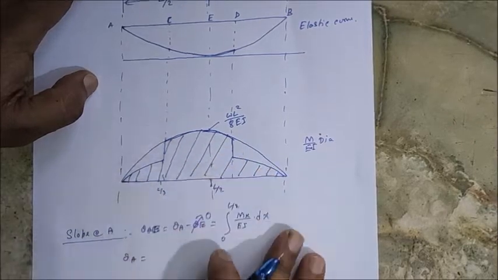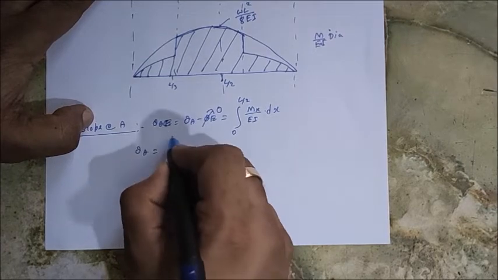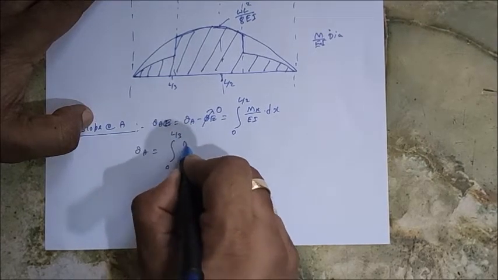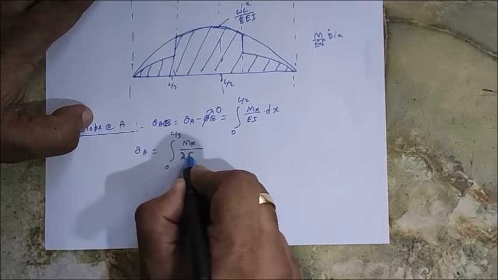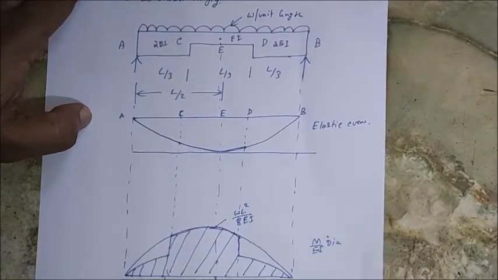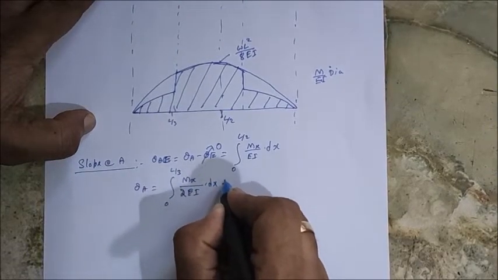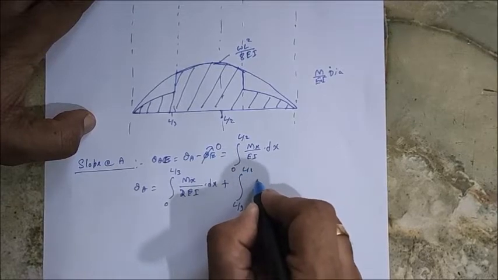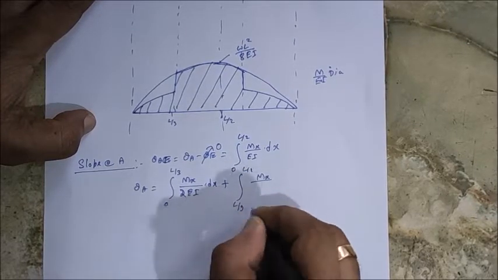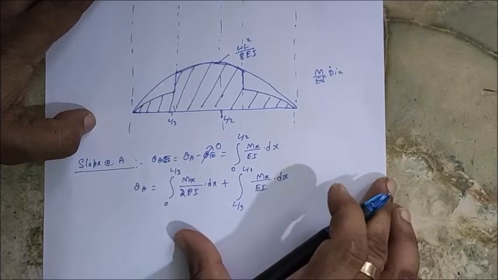So for convenience, let me split it into two parts. One is 0 to L by 3, where Mx by EI becomes Mx by 2EI, into dx, plus the integration from L by 3 to L by 2 of Mx by EI into dx, where the value of EI is EI only.